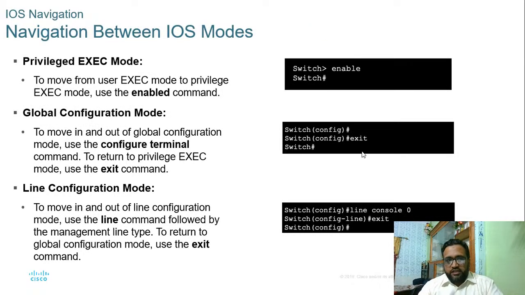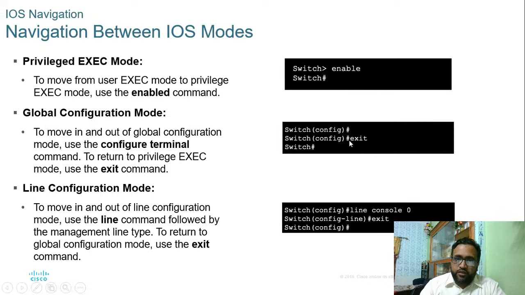So this is the representation of different modes and how we navigate between them. If we write the enable command, we move from user exec mode into the privileged mode.